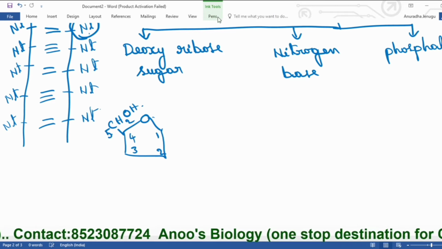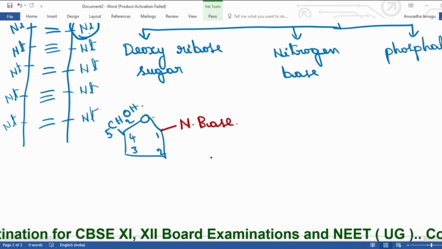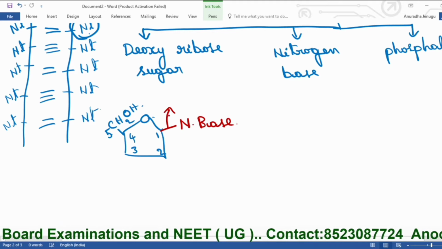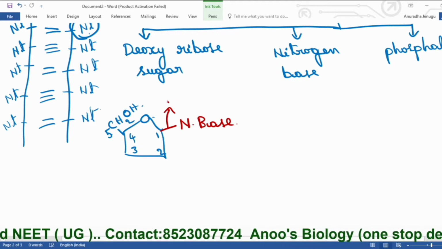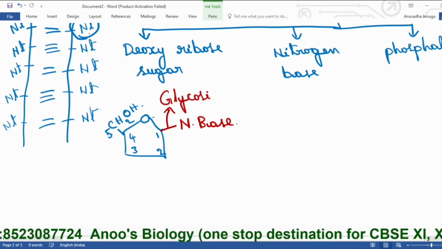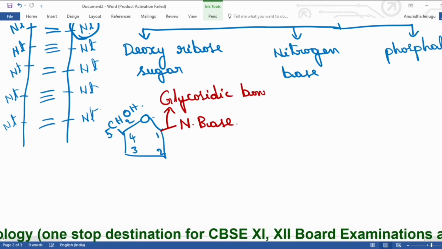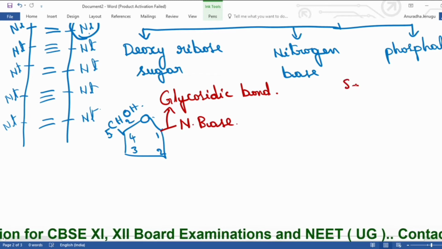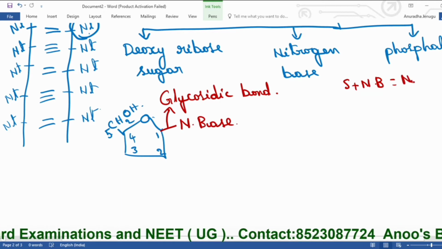To this deoxyribose sugar, when a nitrogen base joins, that becomes a nucleoside. And the bond formed between this nitrogen base and deoxyribose sugar is called a glycosidic bond. Now this sugar plus nitrogen base together is called a nucleoside.